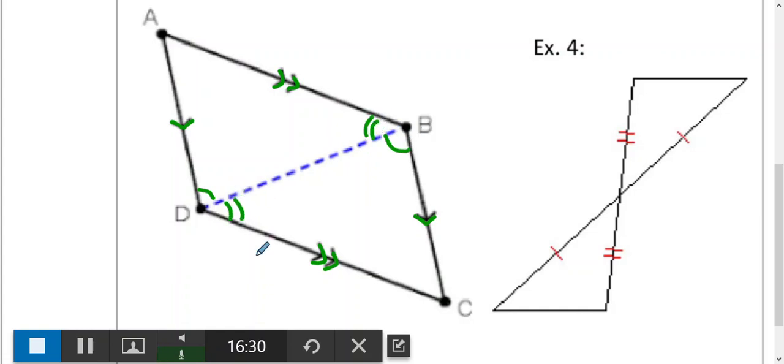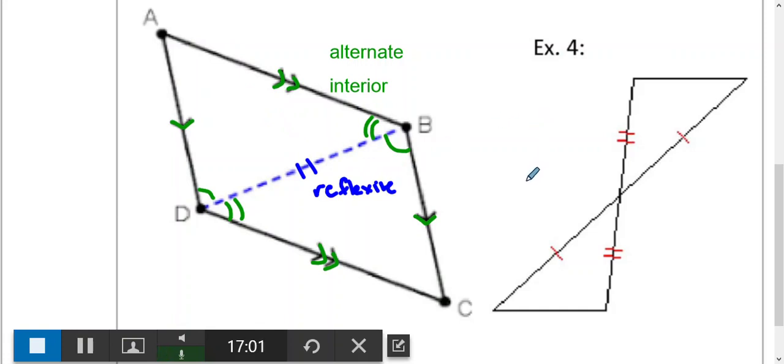We could know that both of those are congruent. And the reason that we know that those are congruent is because they are alternate interior. We could also, on this diagram, mark that that side is congruent, and that would be, again, because of the reflexive property.